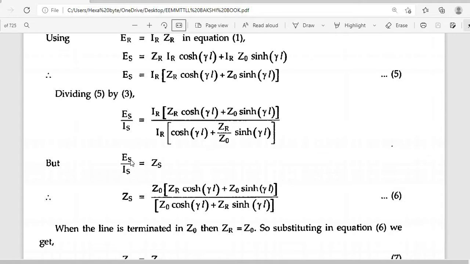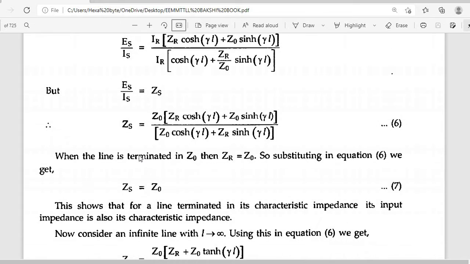The sending voltage by sending current is the sending impedance, the source impedance ZS at the source side. So ZS is equal to Z naught times ZR cosh gamma L plus Z naught sinh gamma L over Z naught cosh gamma L plus ZR sinh gamma L.